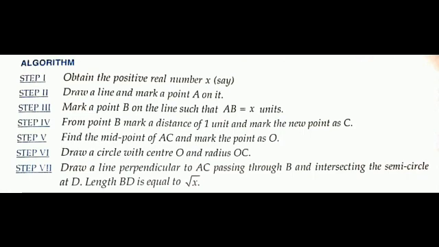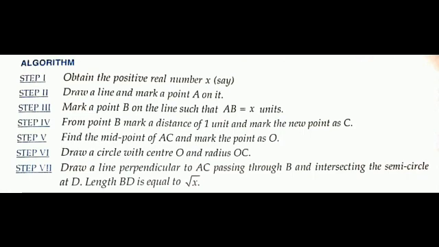Step 6, draw a circle with center O and radius OC equal to OA. Here we will draw only the semicircle, not the complete circle. And the last step will be to draw a line perpendicular to AC passing through B.